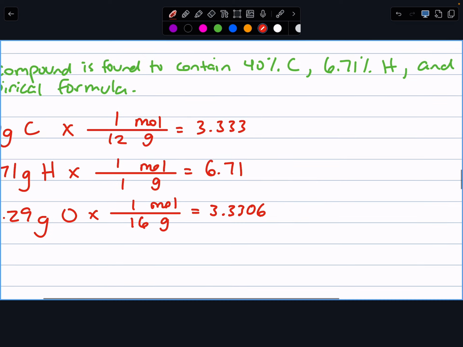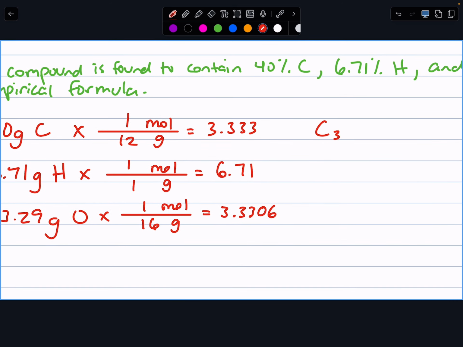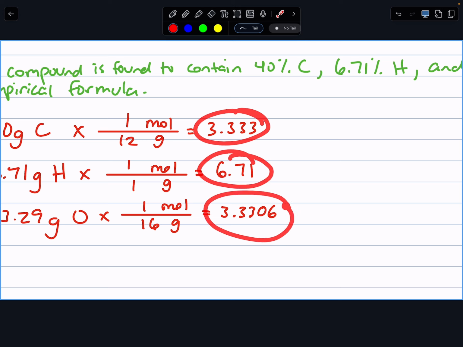Do you think it makes sense for me to have a compound C 3.333, H 6.71, O 3.33? No, right? I wanted to get whole numbers and reduced. So I have to reduce these subscripts by dividing them by the smallest number out of these three. Which number is the smallest?